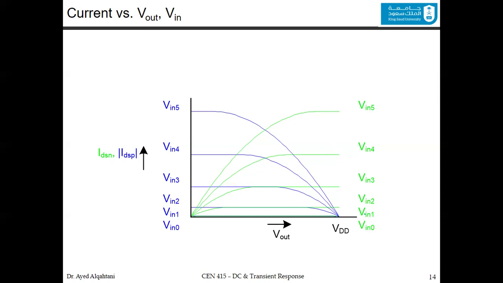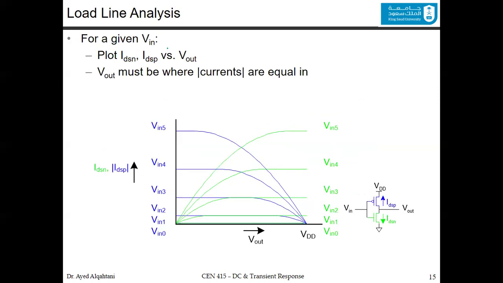So what we want to do is for a given Vin, notice now you have Vin here, which is the VGS of the NMOS or the PMOS, the VGS minus VDD in this case, but it's there. So for a given Vin, you plot the IDSN and the IDSP versus the Vout.